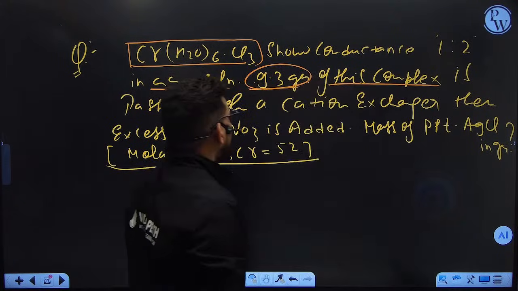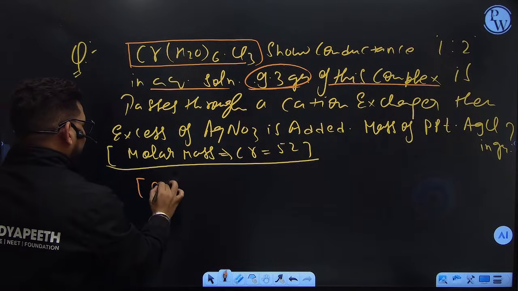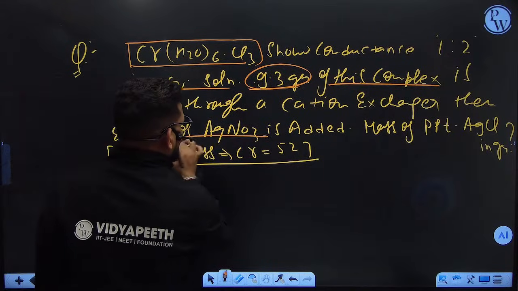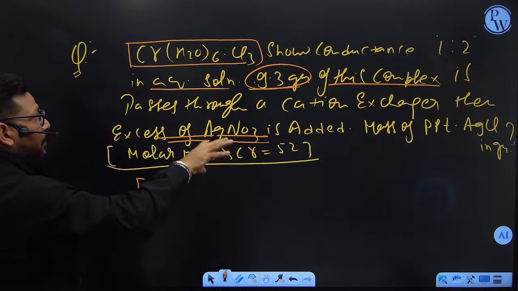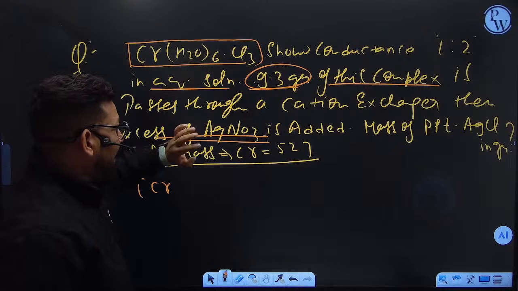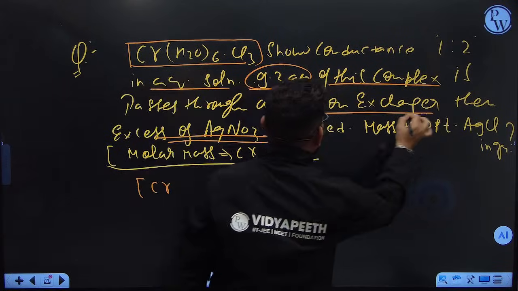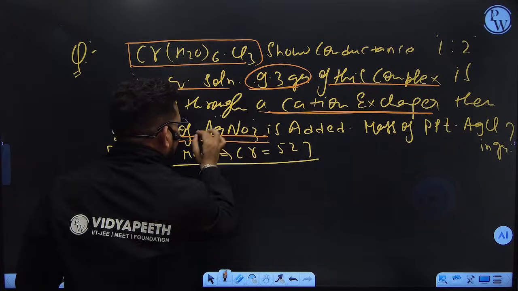That means the total amount of complex is 9.3 gram. I need to find out how it passes with excess of AgNO3, because in one particular container this complex is there, and after some time you are going to add a cation exchanger, which is AgNO3.